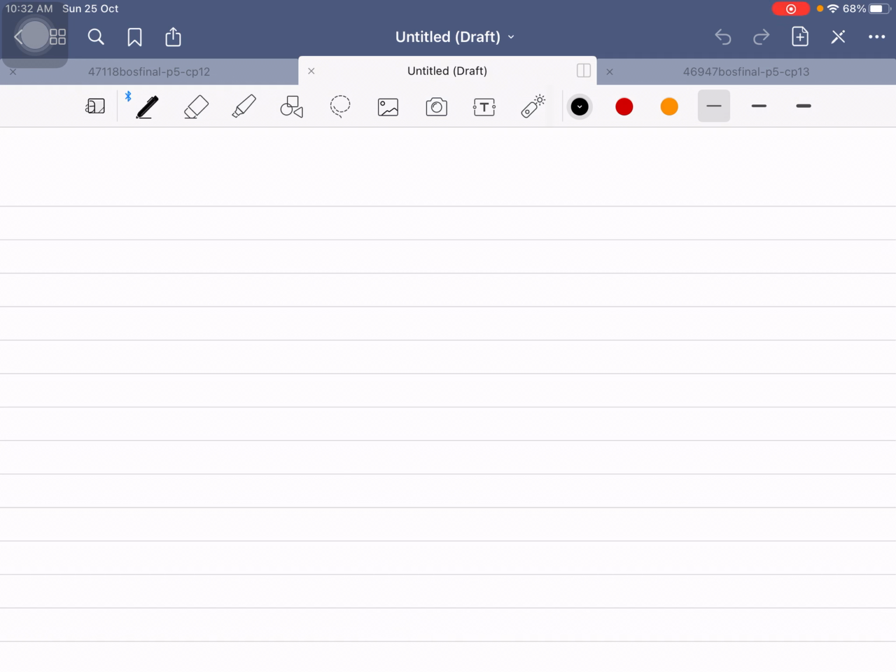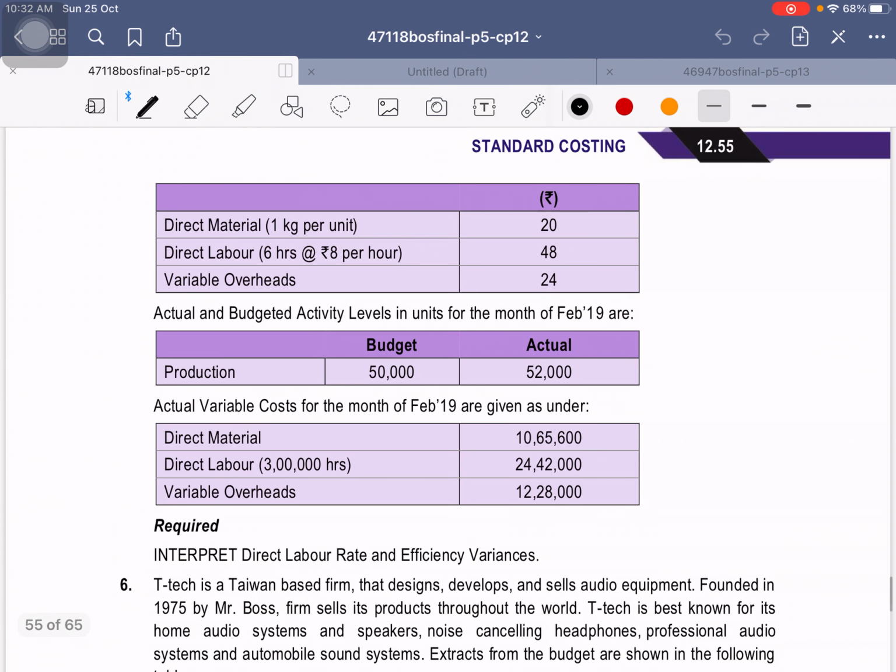Then the actual variable costs for the month of February 2019 are given as under: direct material rupees 10,65,000, direct labor, for 3 lakh hours, is 24,42,000, and variable overheads are 12,28,000. You are required to interpret direct labor rate and efficiency variances.